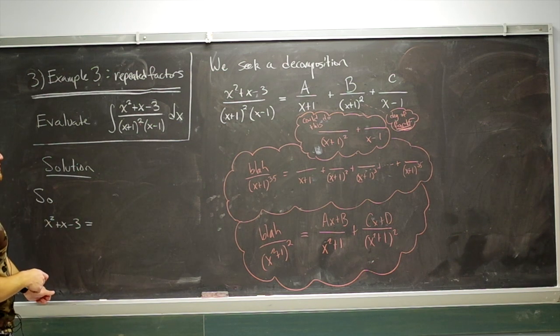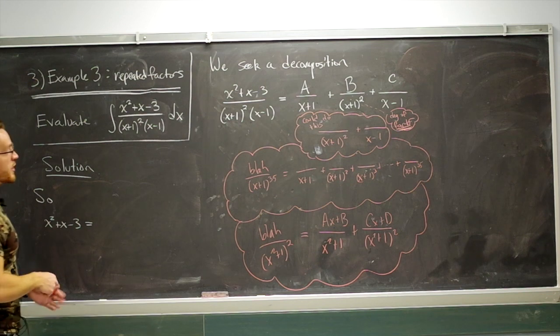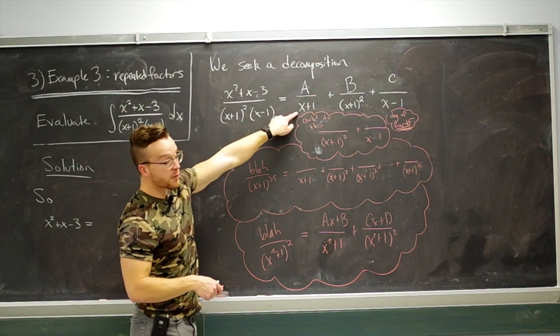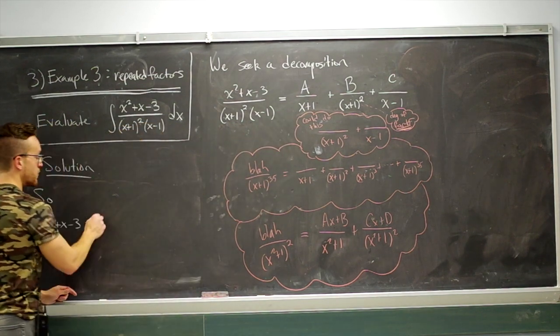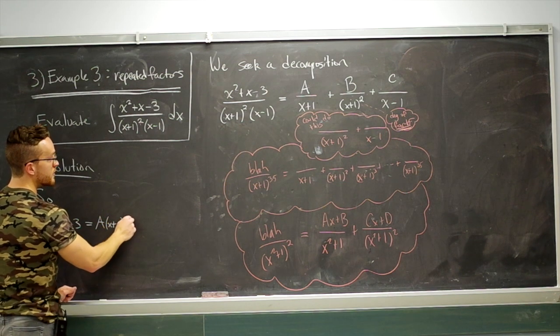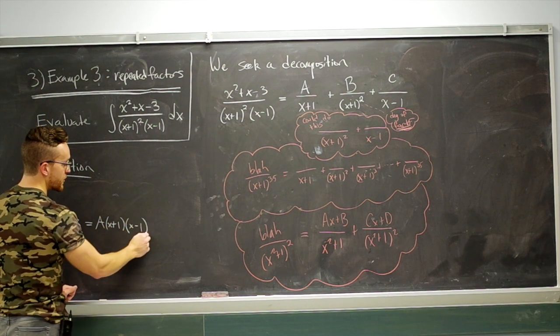Now, on the first a term, when you multiply by the denominator, one of these x plus 1's will cancel, but we'll still have one left. So we'll have a times 1 copy of x plus 1 times x minus 1.